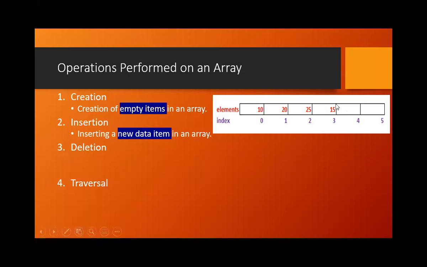Suppose this is the array and I want to delete the element 25, then I can perform a deletion operation wherein I am removing the element 25. This is the first approach. The second approach: I want to delete an element which is located at the index, say 1. So delete the element at index 1. So 20 will get removed here.